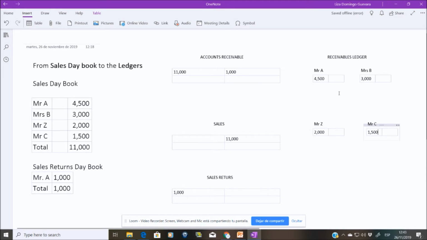But Mr. A returned 1,000 of the goods he purchased. So we will deduct 1,000 from the receivables ledger of Mr. A.